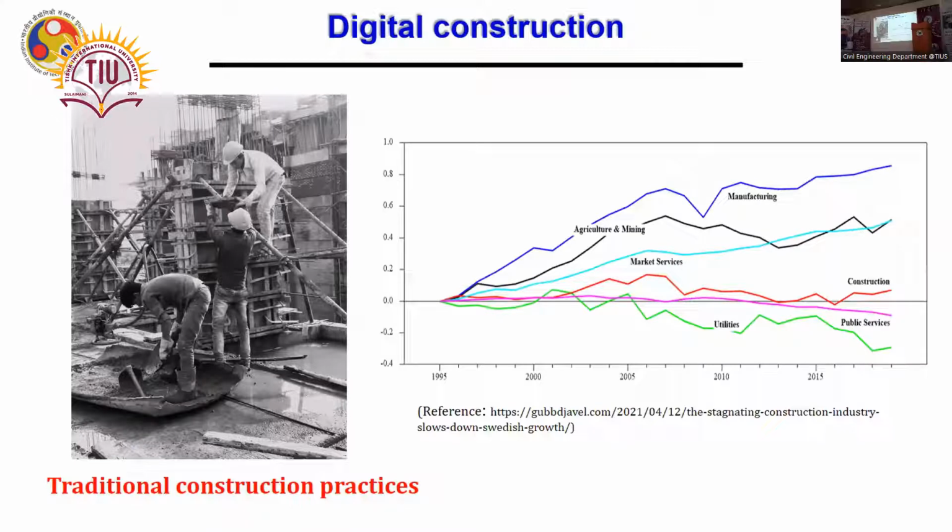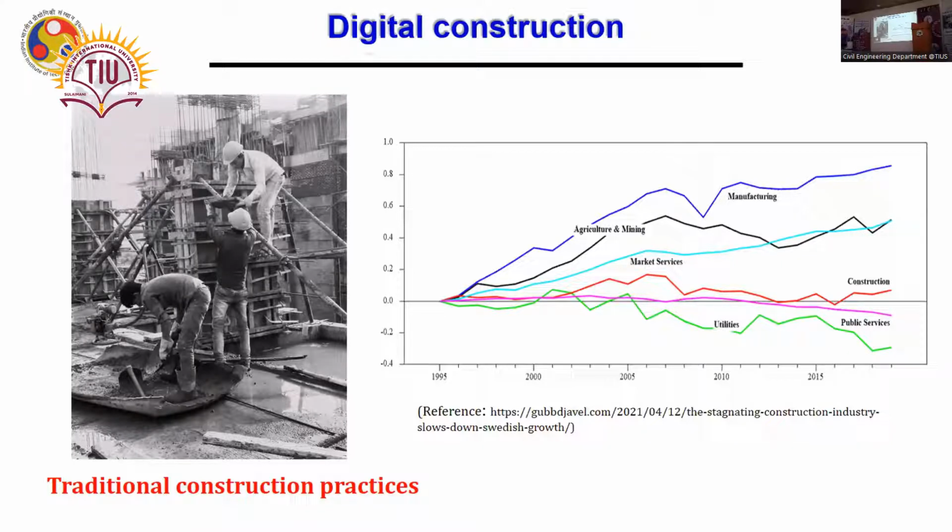But on the other side, in terms of industrial growth, the productivity of the construction industry has been quite stable over the years. In the graph, manufacturing, agriculture and business are mostly automated and digitalized, thereby increasing productivity.